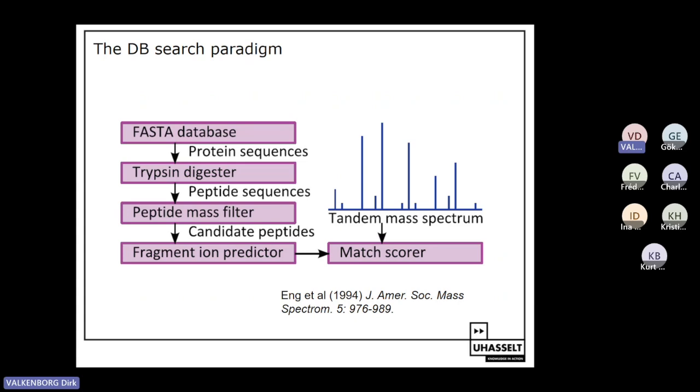And the first thing we know about our sample is which organism it is. So we will take a FASTA database that contains all the known protein sequences of that organism. Typically, we will limit ourselves to canonical protein sequences.